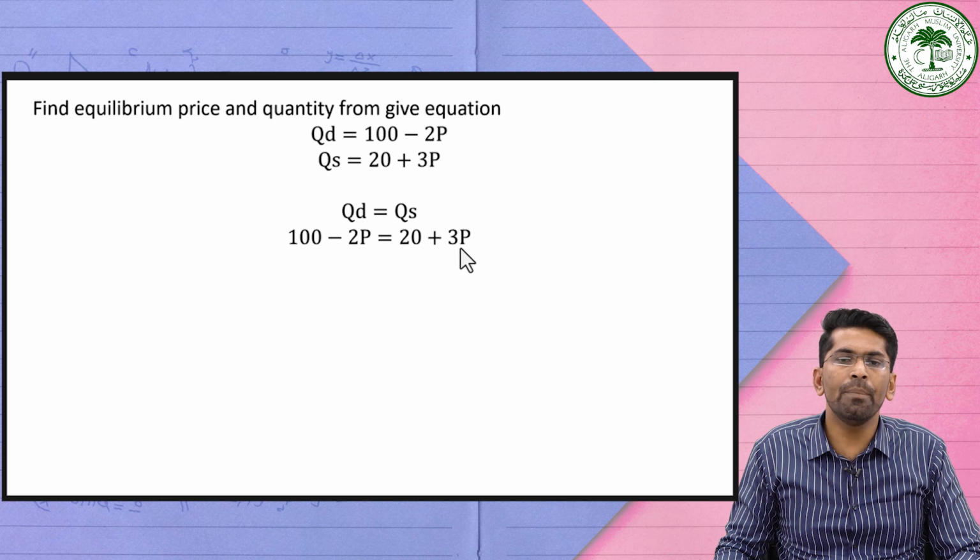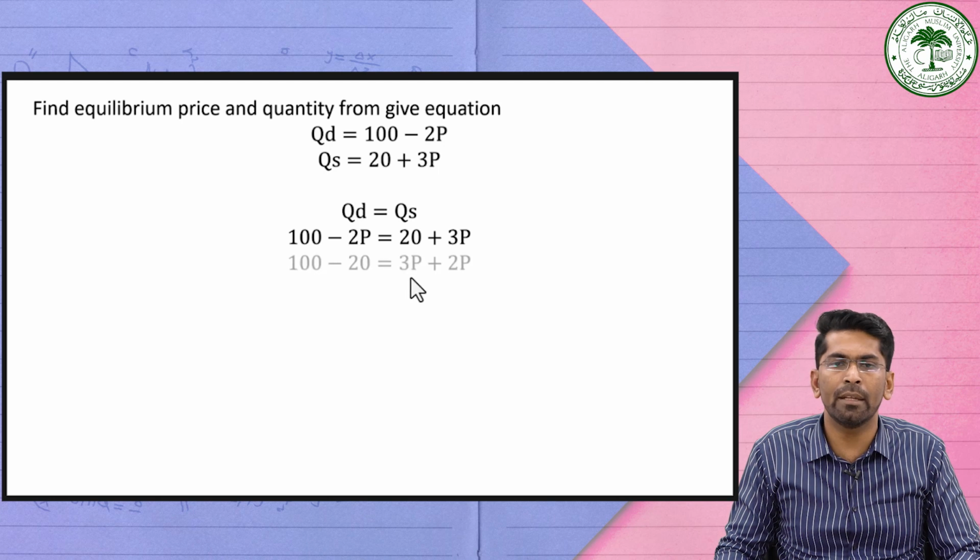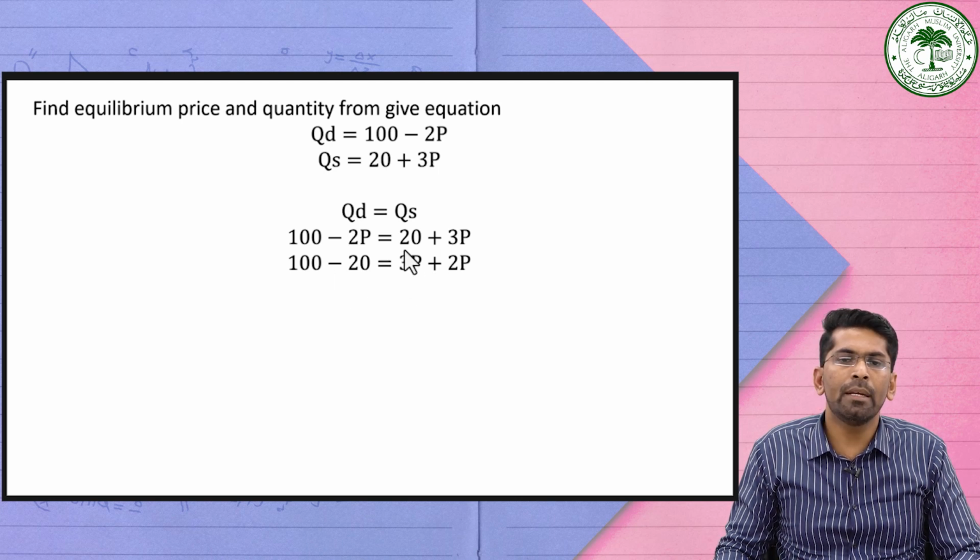Now we are taking the P term to one side of the equation and the constant term to the other side. Taking minus 2P to the right hand side, we add plus 2P on both sides of the equation. So it will become 3P plus 2P. Then taking 20 to the left hand side of the equation, it will become minus 20.